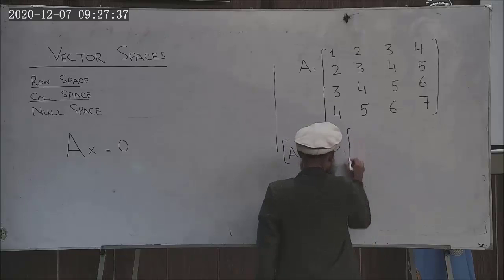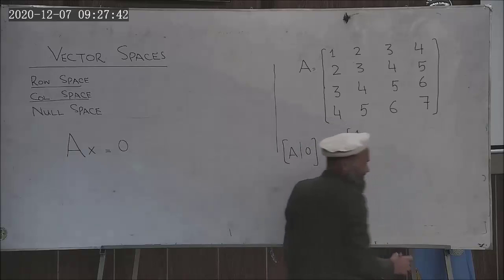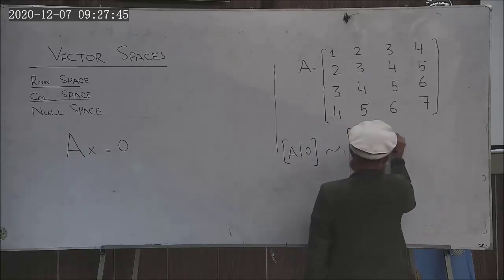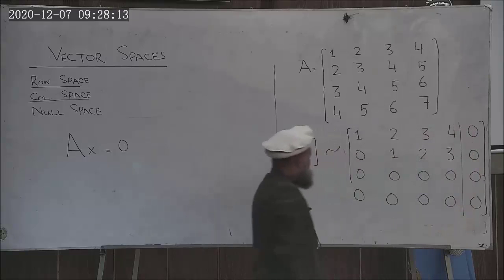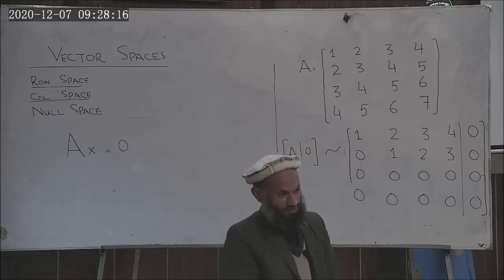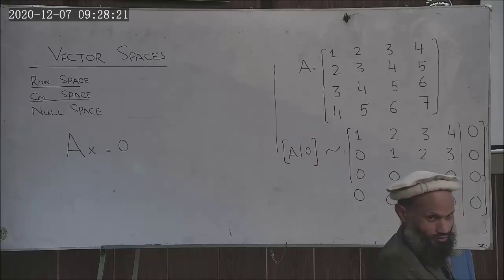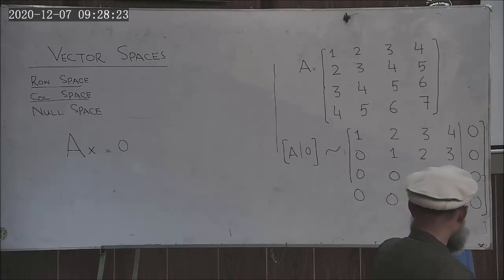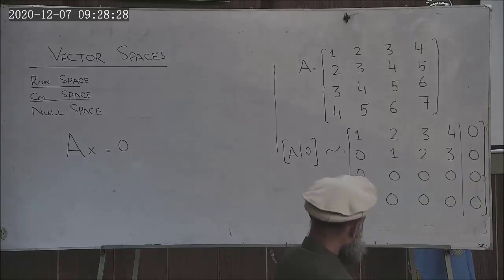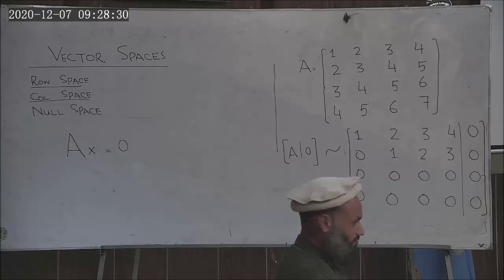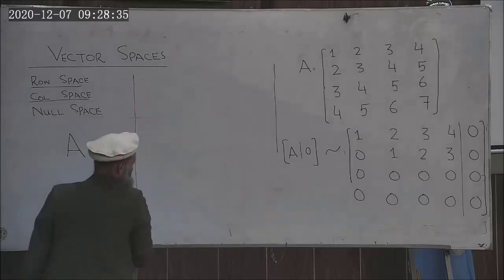So by elementary row operations, this system of equation, augmented matrix, is transformed into this form. You had constructed an augmented matrix, then performed elementary row operations to get this augmented matrix equivalent. Then how to find the solution? By back substitution.